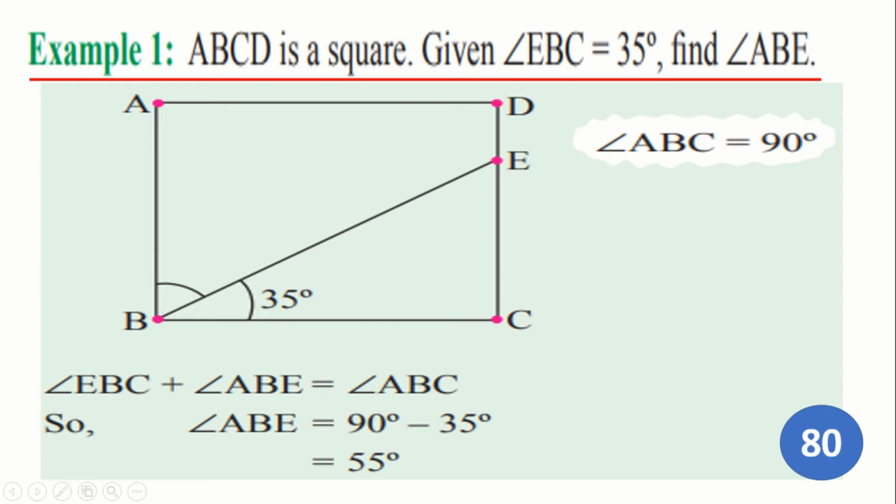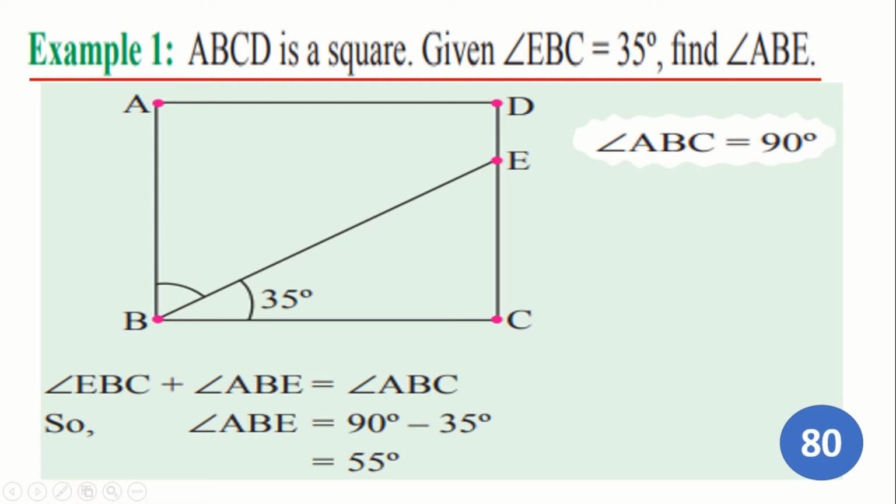If this figure is a square, then all the sides are equal. Look at letter B here. The angle here is 90, but you have 35 here. You're going to find the other angle.